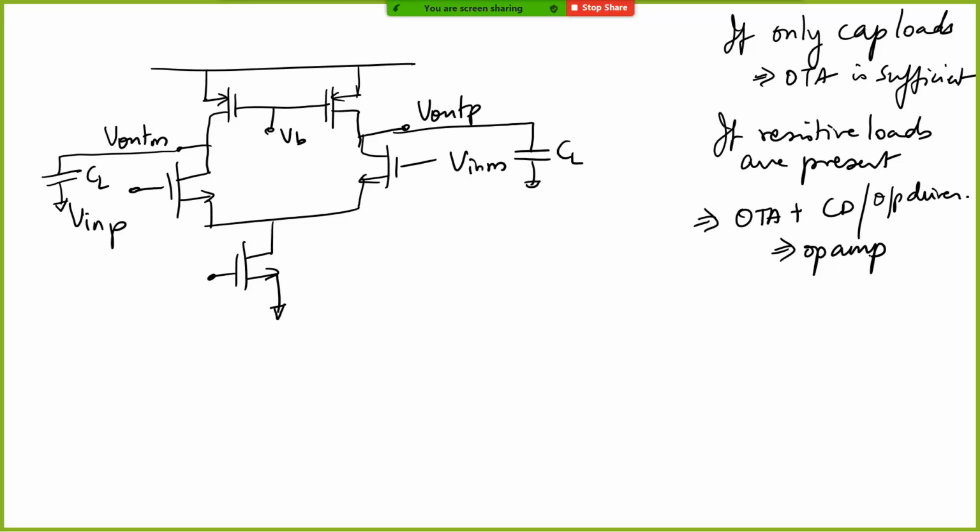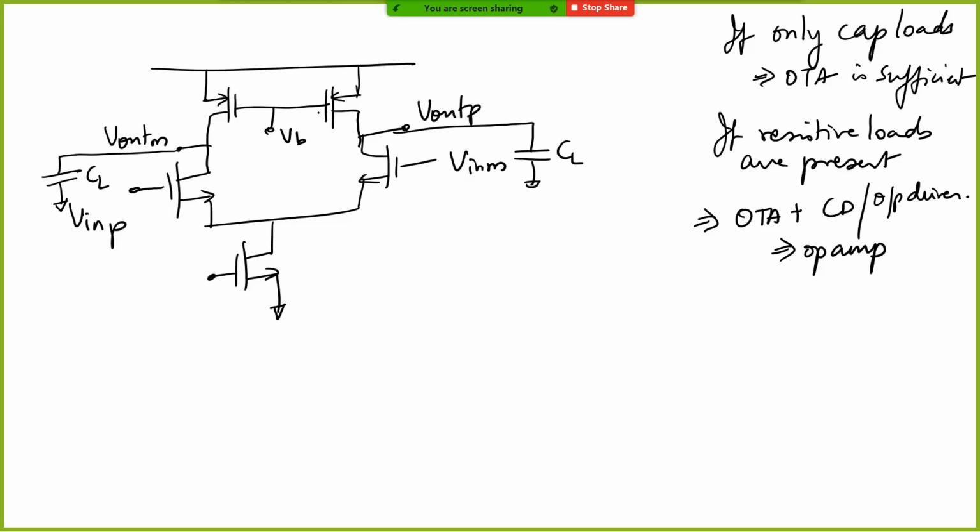So therefore, this is also called an op-amp. Don't get confused by the interchangeable use of it in literature, but this is basically the distinction. So this is a fully differential op-amp. How to generate this VB, we will look at in a later lecture.